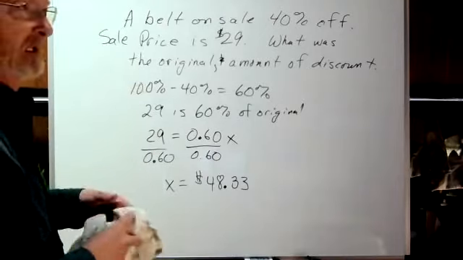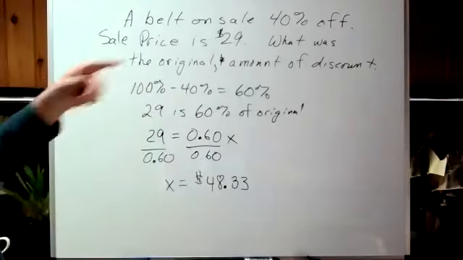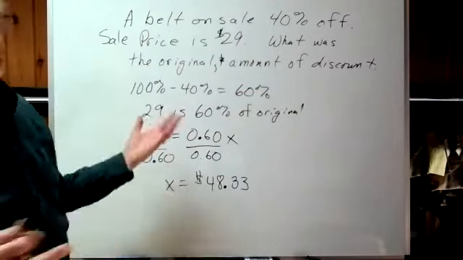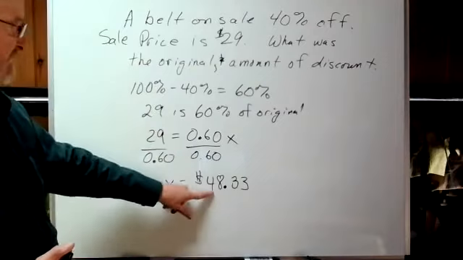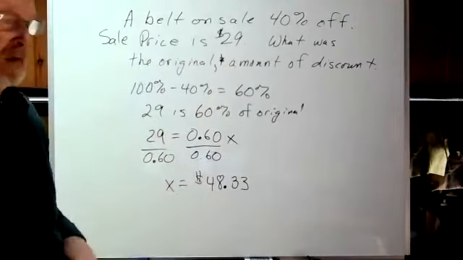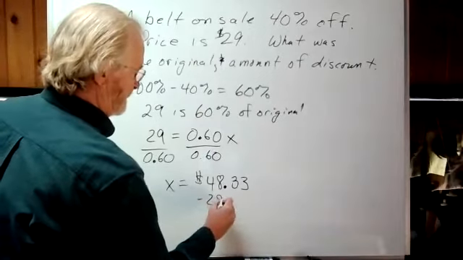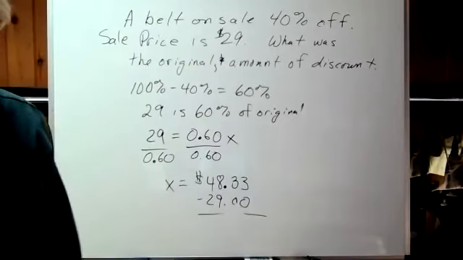One more related here. Don't we have to figure out the amount? Oh, there you go. Thank you very much. Amount of discount. So hopefully that makes sense that this was the original and it was reduced to 29. So if I subtract, I'm going to get whatever.